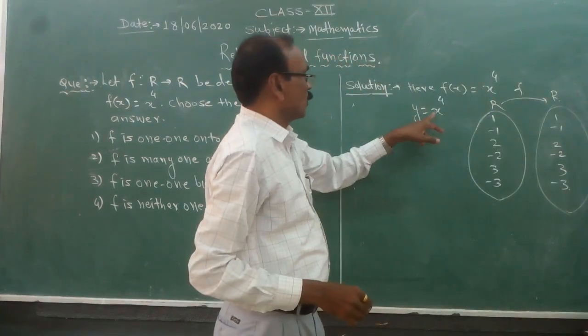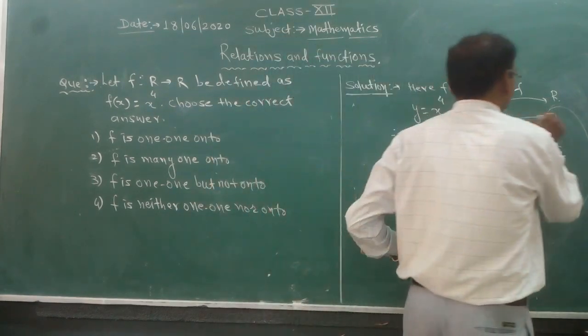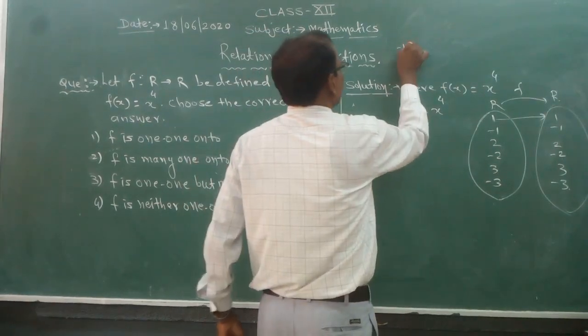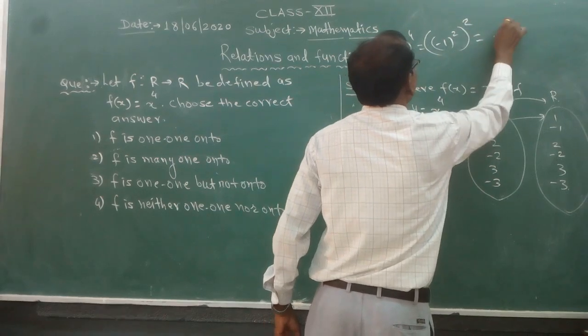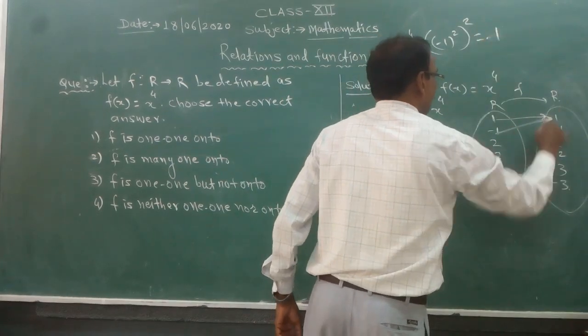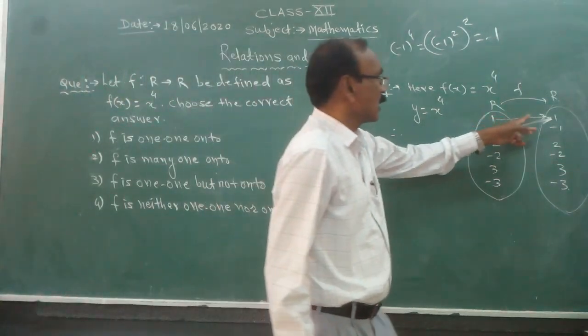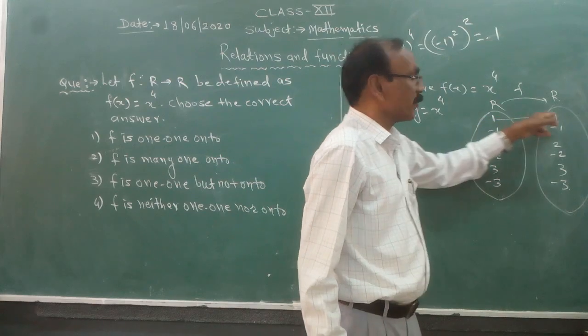Put x equal to 1 here, so you will get answer 1. Put x equal to minus 1, minus 1 to the power 4 means minus 1 whole square, again it is plus 1. So it is not 1-1 because two numbers, 1 and minus 1, have image 1.